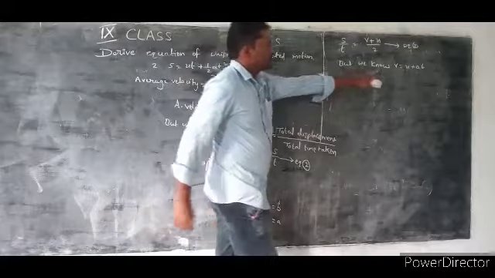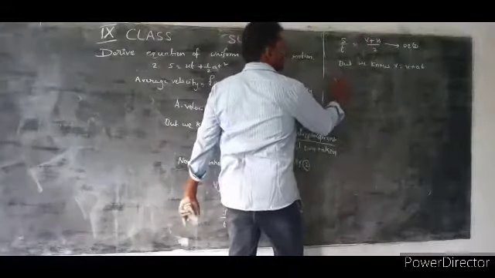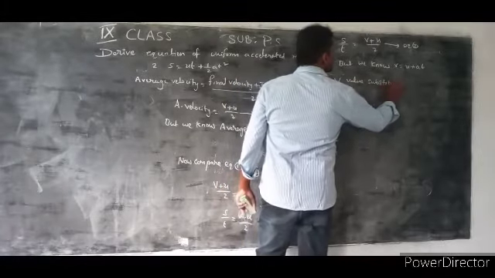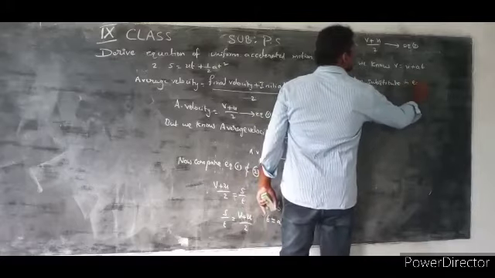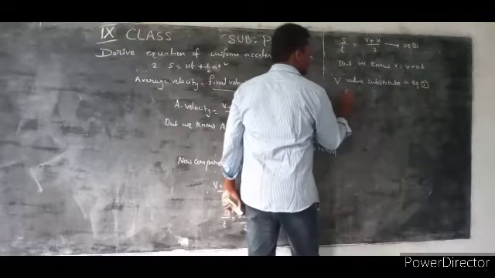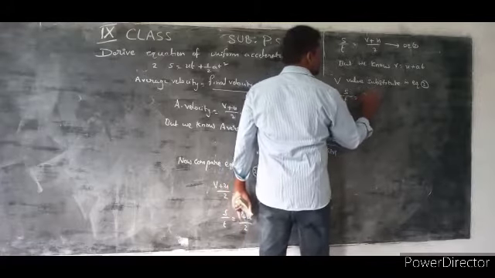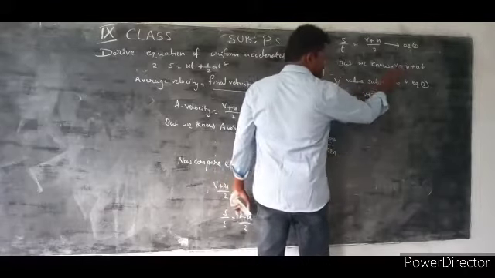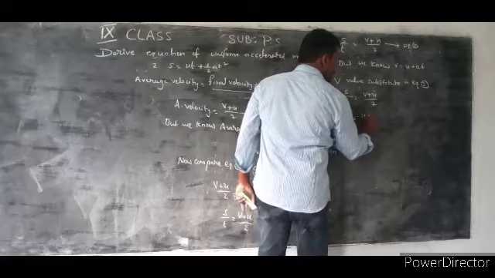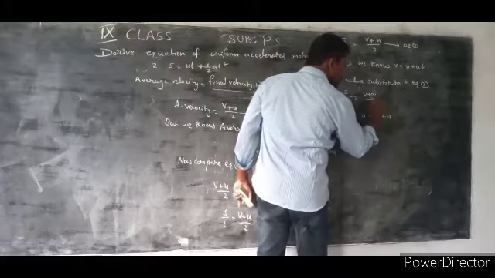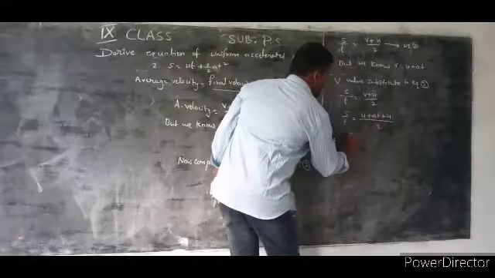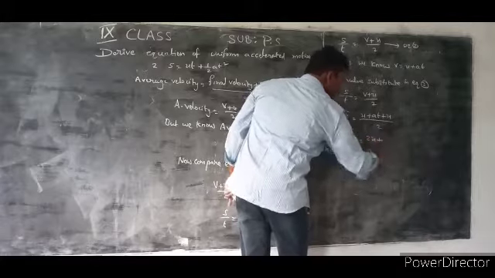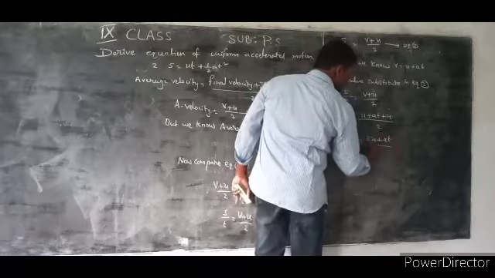Here, substitute the v value in equation 3. Therefore, s by t is equal to v plus u by 2. In the v place we substitute u plus at, so s by t is equal to u plus at plus u by 2, that is 2u plus at by 2.